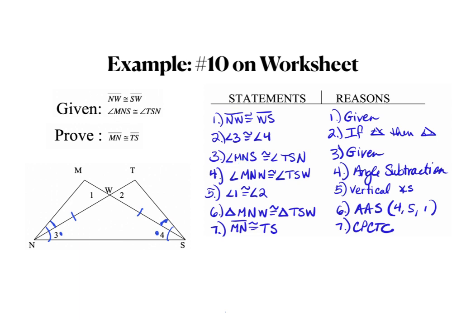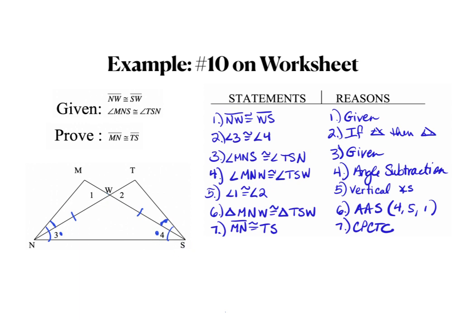So I state that MNS is congruent to angle TSN, that's given. And now I'm set up to subtract. So I subtract angle 3 and angle 4 from these angles. That gives me angle MNW here and angle TSW here.